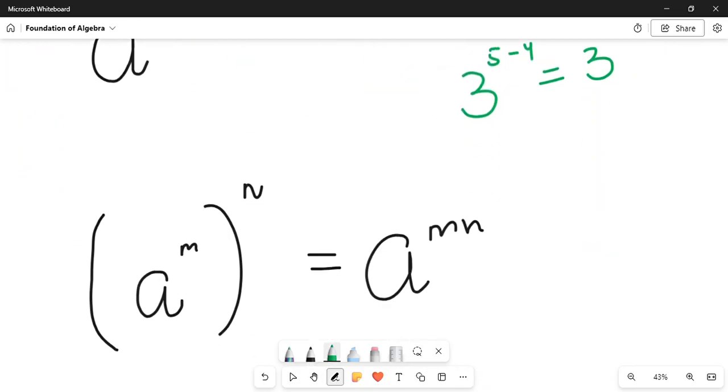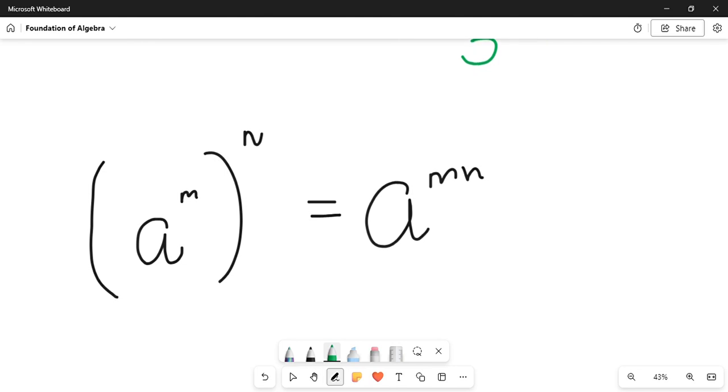Now this is the third law of indices, and it states that if we have a power and then a power above it, then those powers get multiplied. I told in my starting videos that when there's no sign between them, we multiply them. So if A to the power of M is raised to the power of N, then M and N will be multiplied.